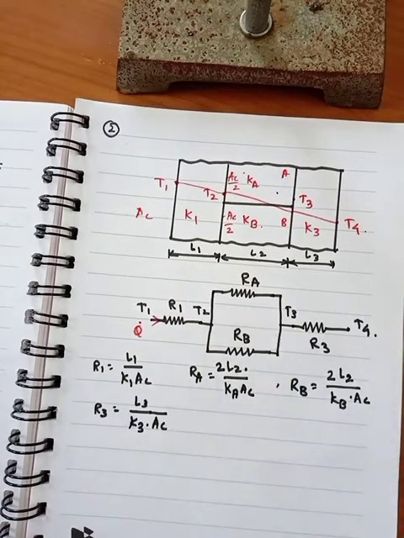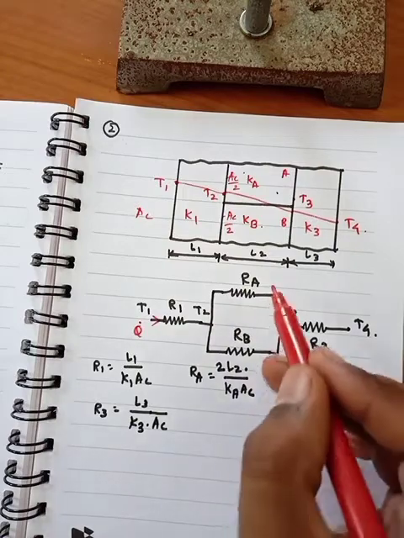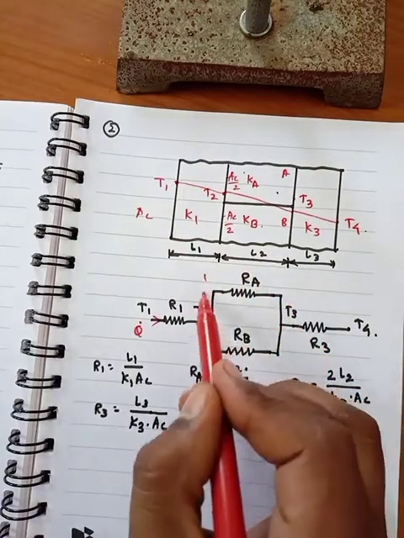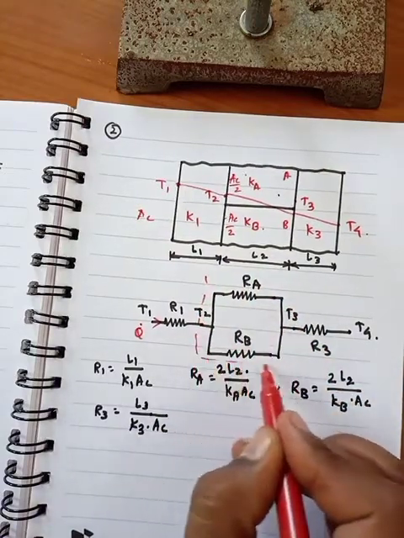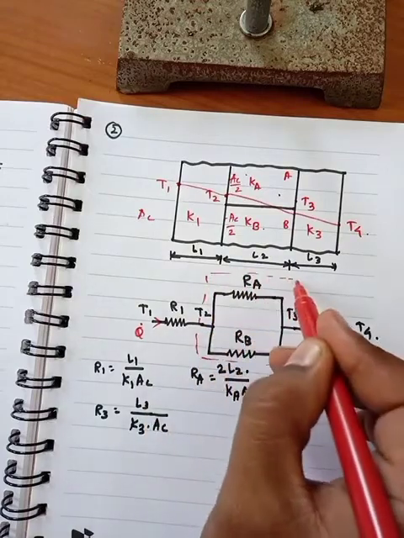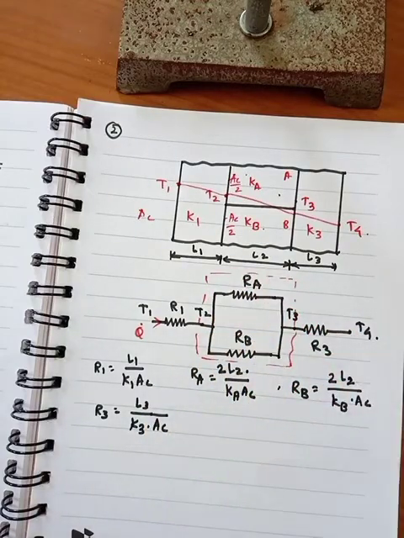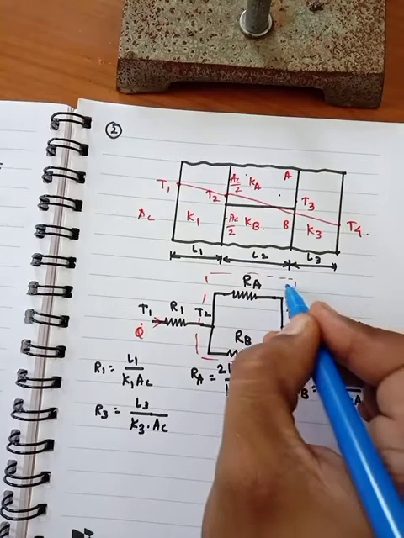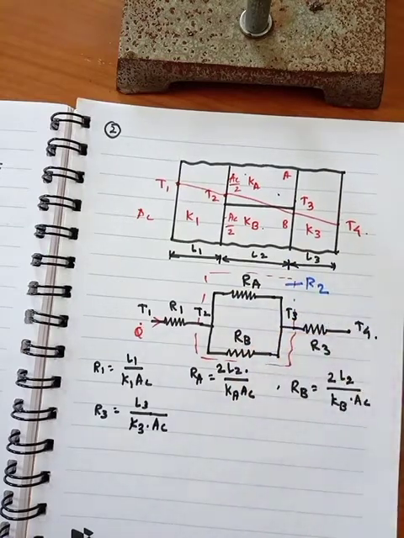Now this RA and RB is taken as the resistance R2.